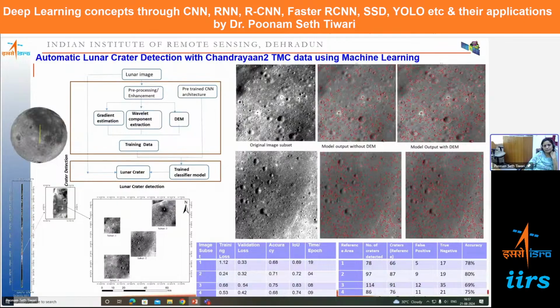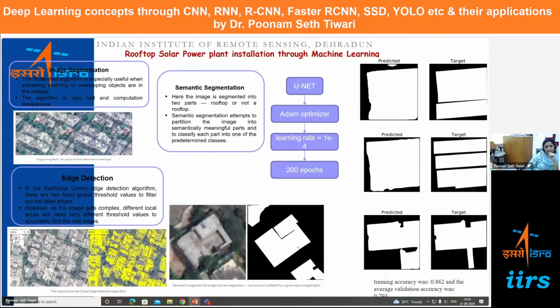This is crater detection on the lunar surface using a deep learning approach. Then rooftop identification, similar to building extraction, where roofs are identified on which solar panels can be installed.